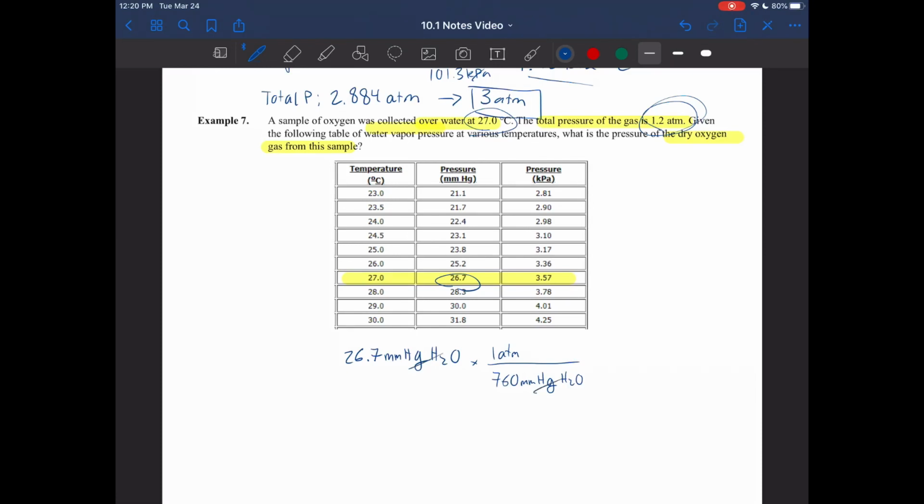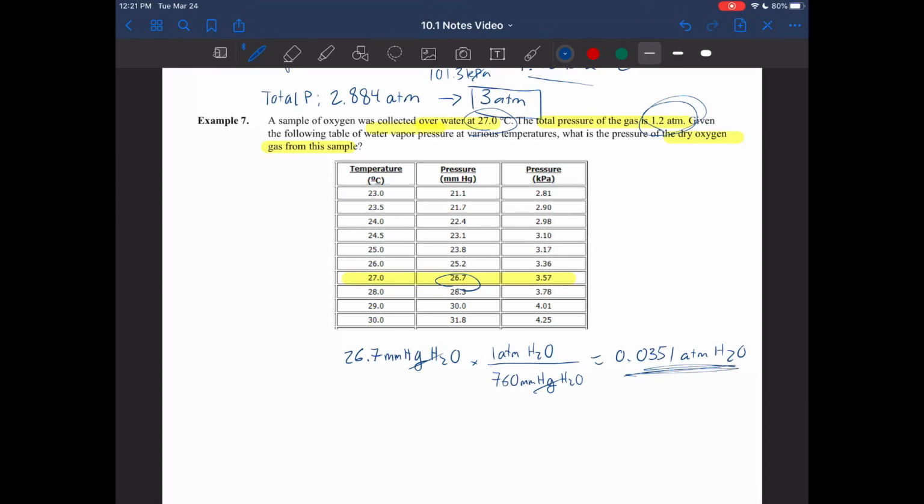There's 760 millimeters of mercury in 1 atmosphere here. So we're going to do that 26.7, and we are going to divide it by 760 to get 0.0351 atmospheres of water.